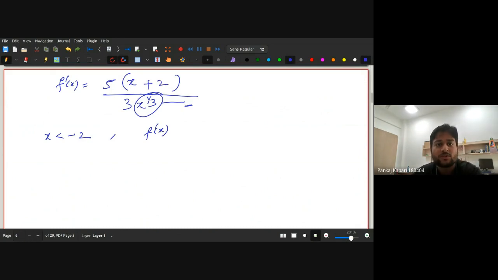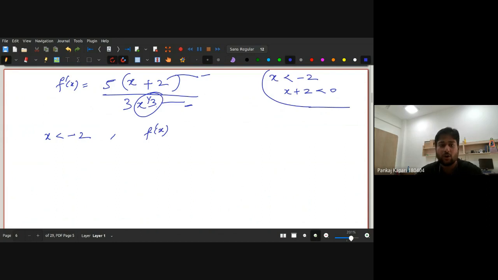And this is x plus 2. What is the sign of x plus 2? You can see that x is less than minus 2, that is, x plus 2 is less than 0. So this also gives that x plus 2 has negative sign. So the denominator and numerator both have negative signs.